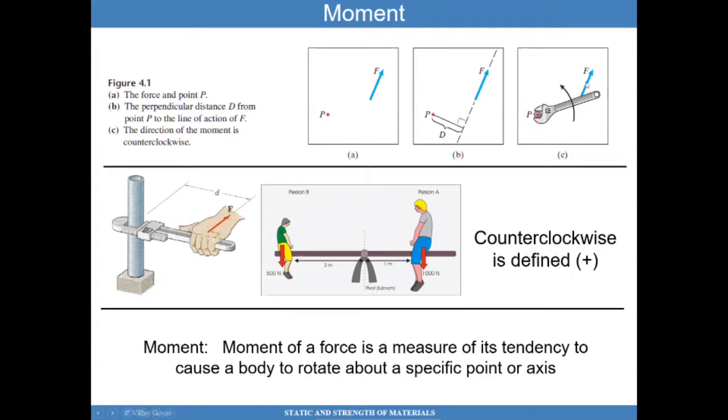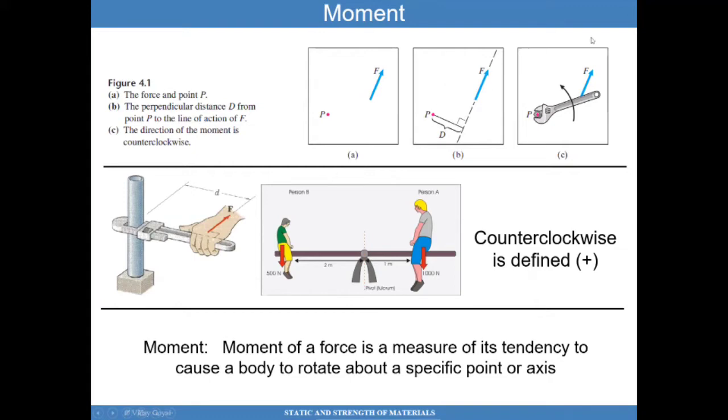Note that if this force F was closer to the bolt, it will be much harder to rotate that bolt versus if that force was farther away, because that will cause greater moment. As an example, the farther away this force F is from point P, the greater the moment than a force that's much closer to point P. In fact, if this force F passes through the line of action of point P, no moment will be applied.